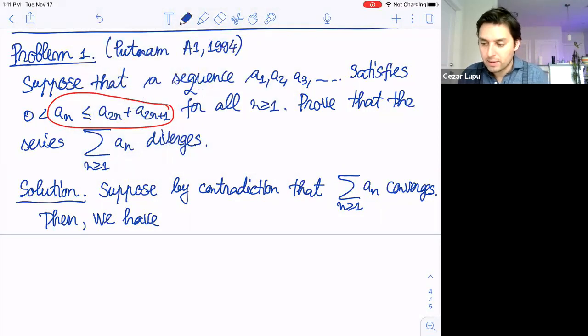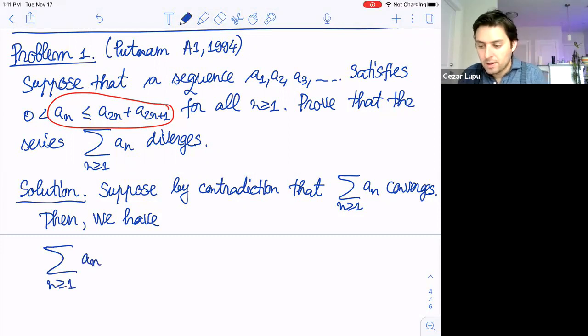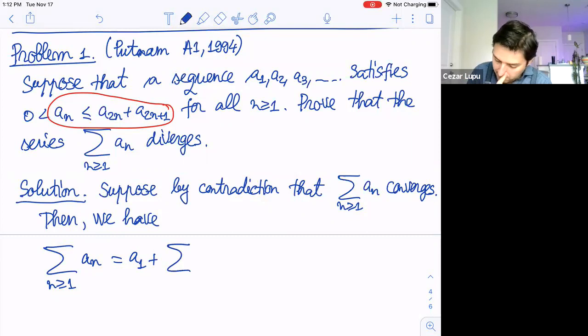So then we have, I'm going to write it in the following way. Then the sum of this series, I would like you to pay attention here. I'm going to leave the first term and then I'm going to group the others. So this would be a_1 plus the sum from n greater or equal than 2 of a_n, right?